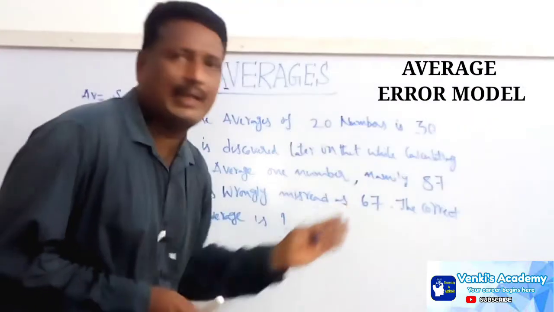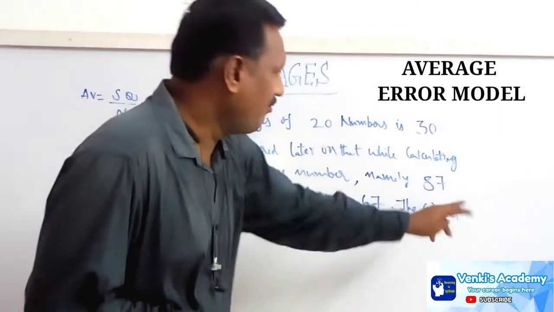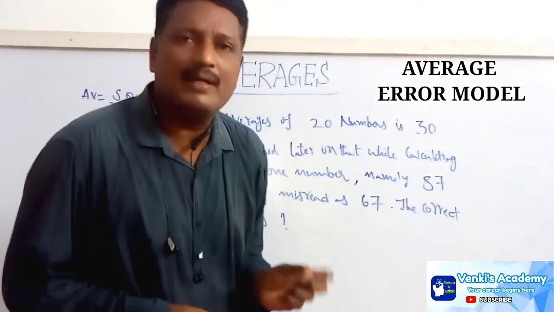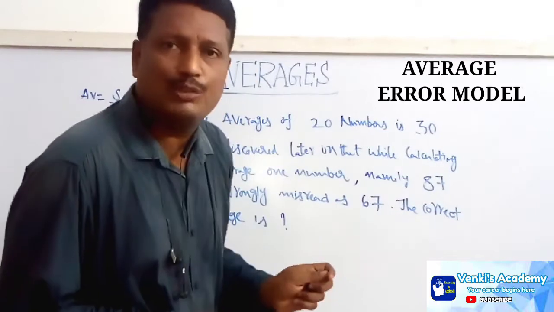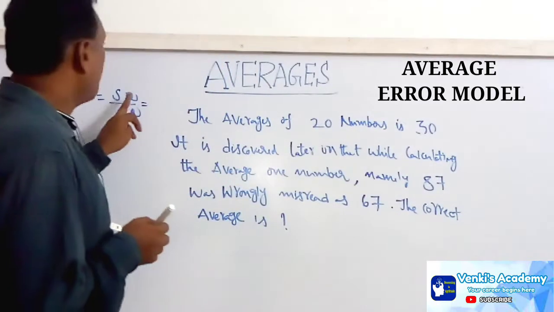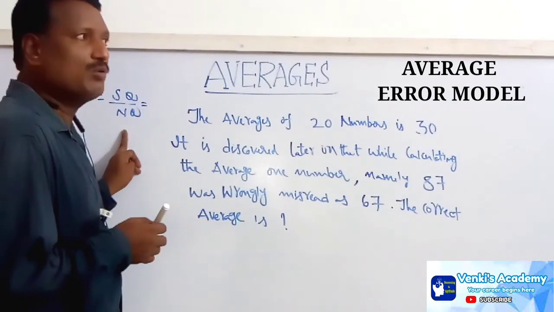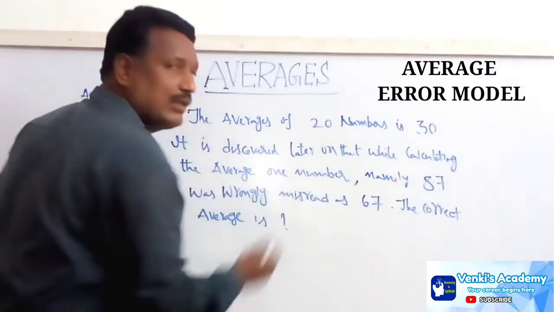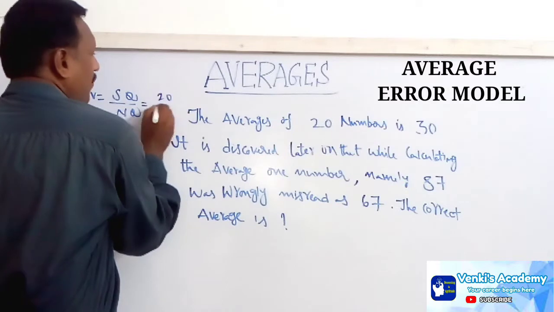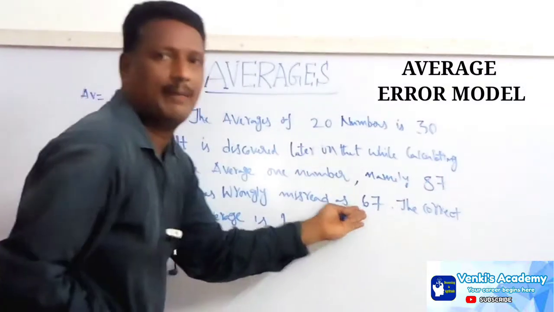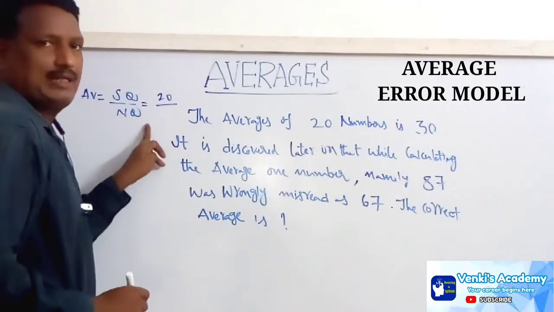This difference of 20 is the sum of the quantities, divided by the number of quantities.